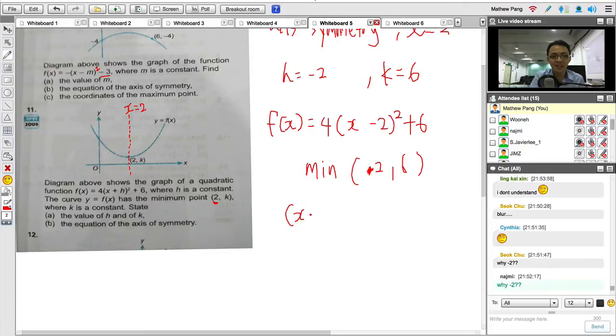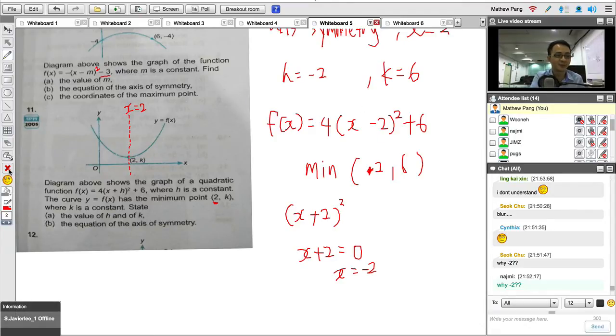So if x is positive 2, imagine this one is positive 2, then I take x plus 2 equals 0, x will get negative 2. So if x is negative 2, this value will be negative 2. In order to make this value positive 2, I have to put negative 2 over here.